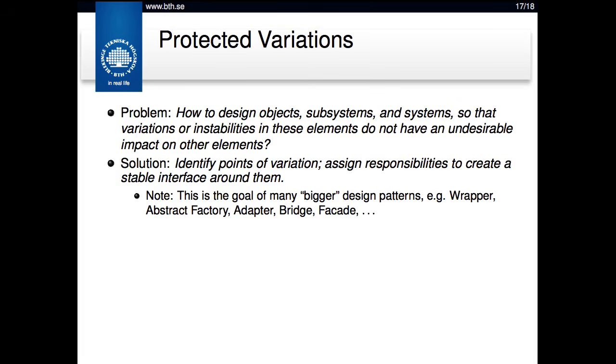If I'm in Sweden, I will have a particular protocol for talking to the Swedish tax authorities. If I'm in another country, I may have other protocols for talking to their tax authorities, for example. I may have different databases I'm talking to with a different language for them.